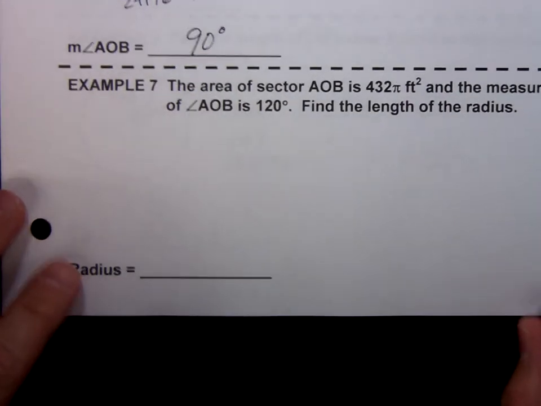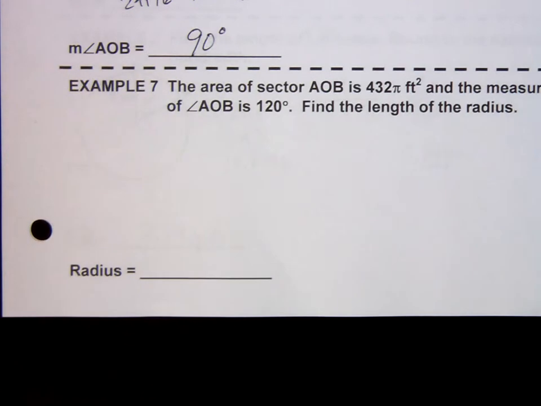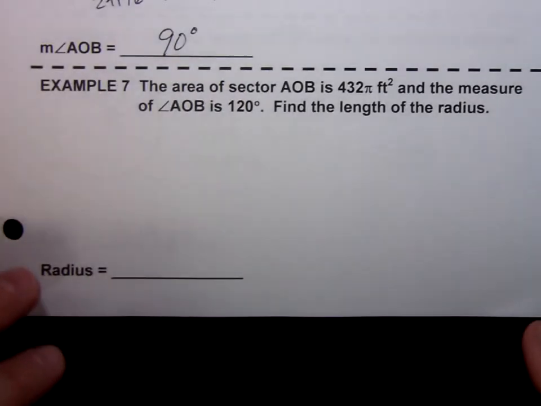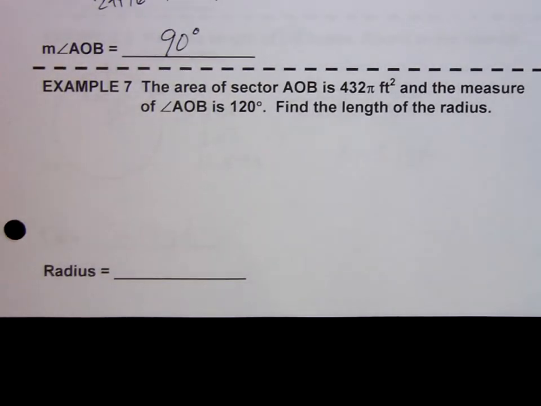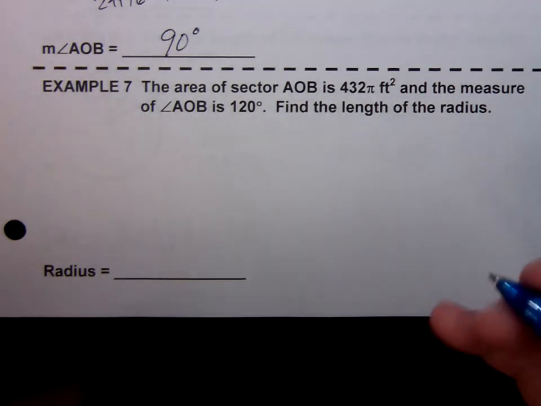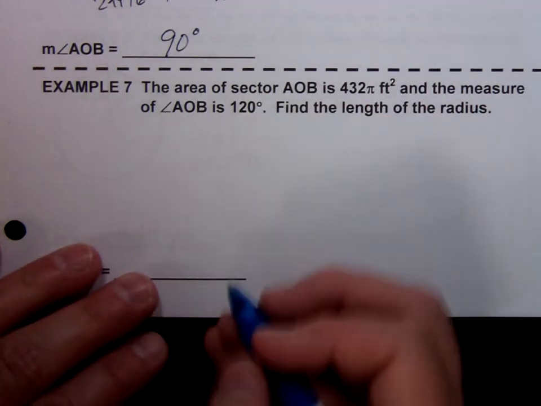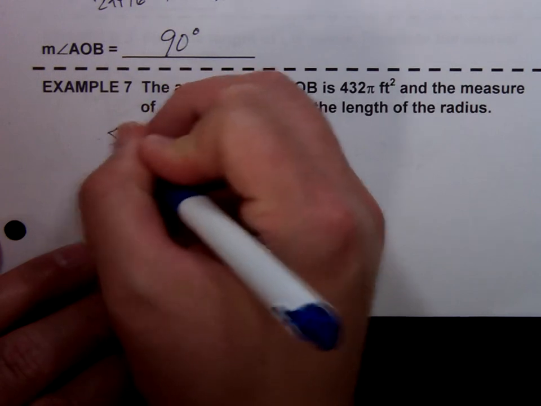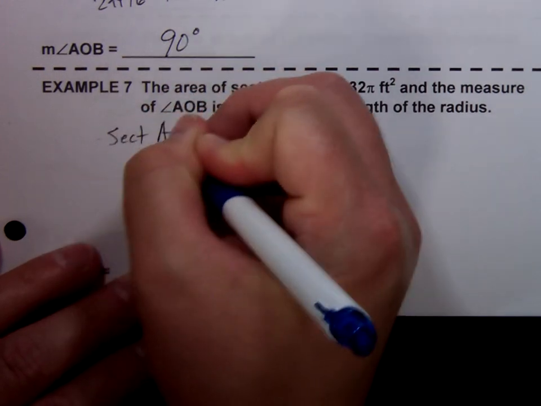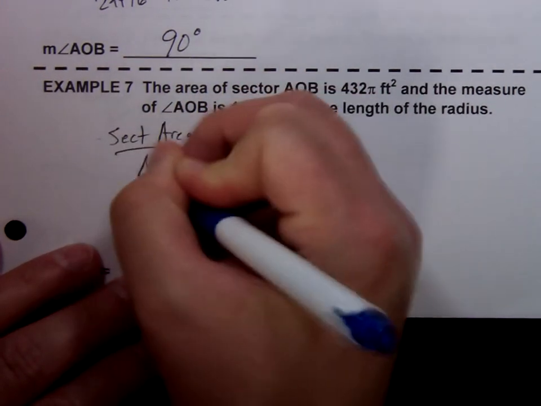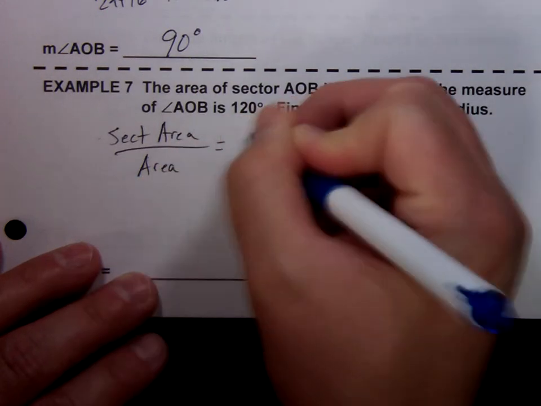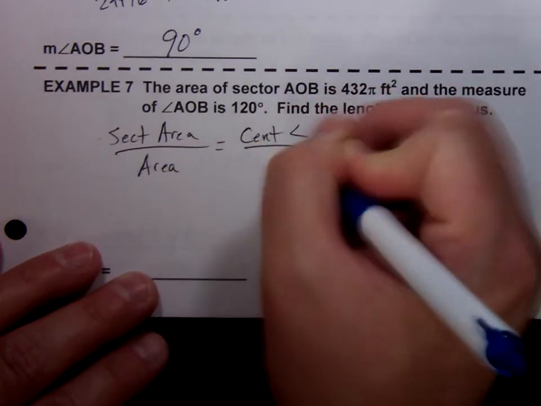Alright, let's look at the last example here. It says the area of sector AOB is 432 pi feet squared, and the measure of angle AOB is 120 degrees. Find the length of the radius. Alright, so think about sector area. With our sector area, we do sector area over the total area of a circle equals the central angle over 360.